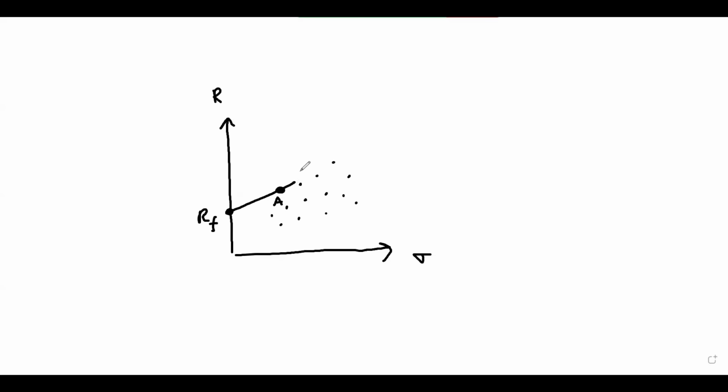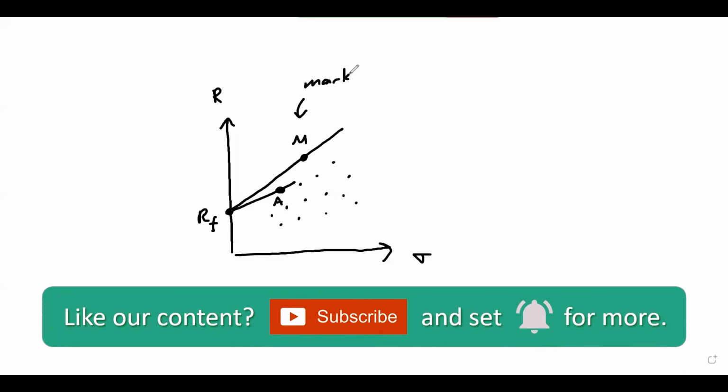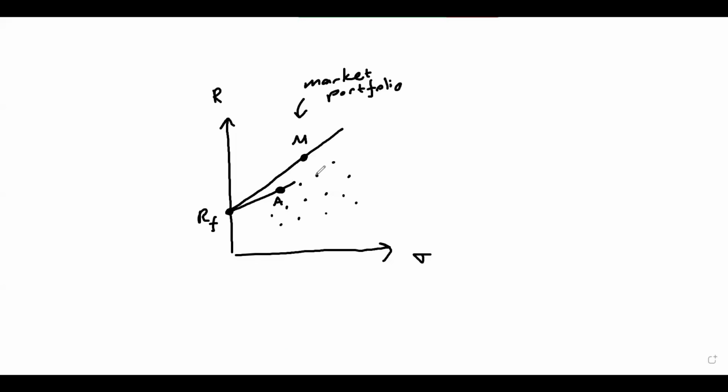The capital market line is a specific capital allocation line where I am combining the risk-free rate with the market portfolio. Okay? Let's call that M, right? And the market portfolio is a very specific portfolio. So let's make it a bit more explicit. This is a value-weighted portfolio of all risky assets, right?